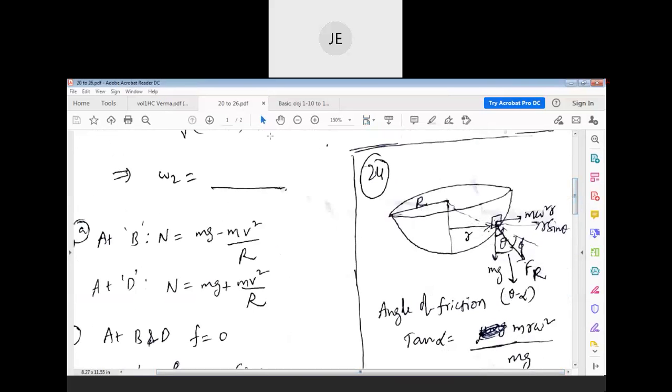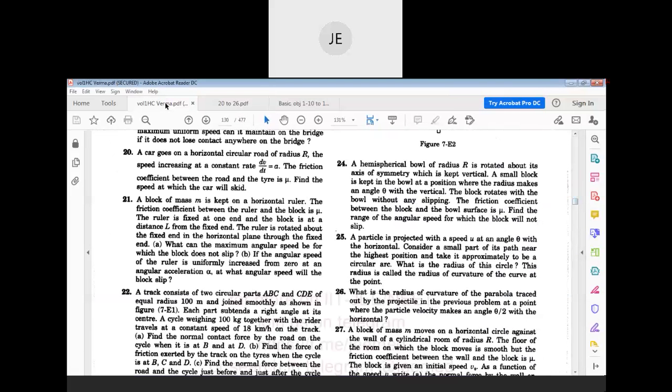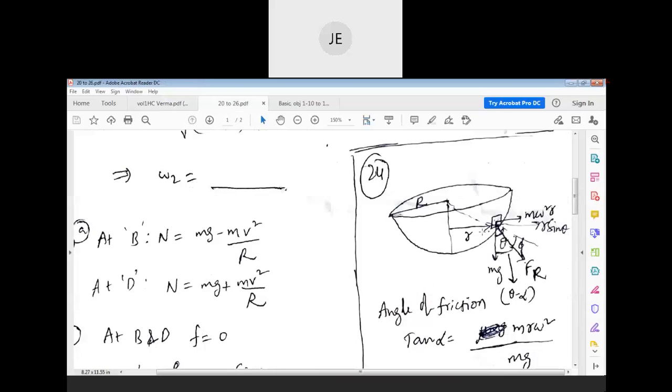The small block is kept in the ball at a position where the radius makes an angle theta. So this is the radius vector, and this dotted straight line makes an angle theta.